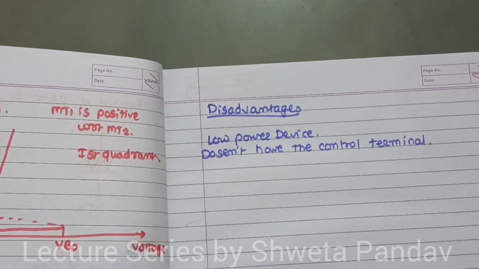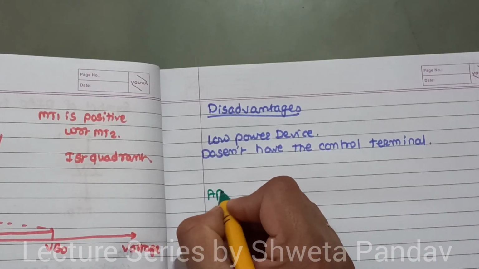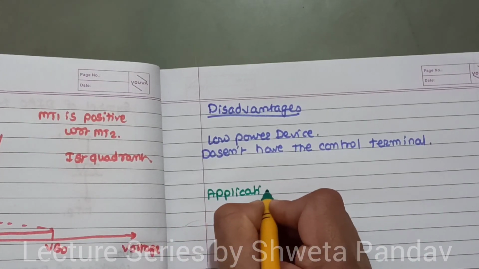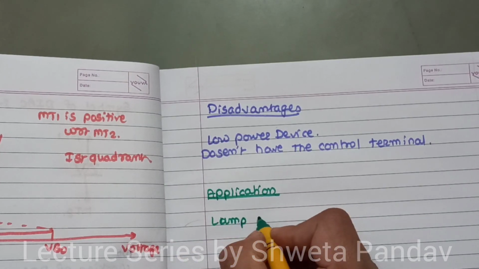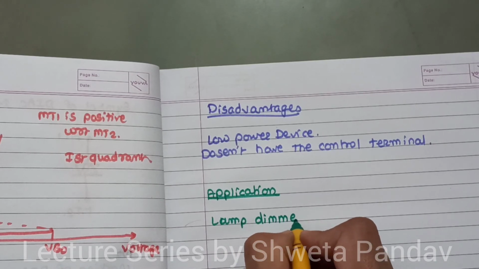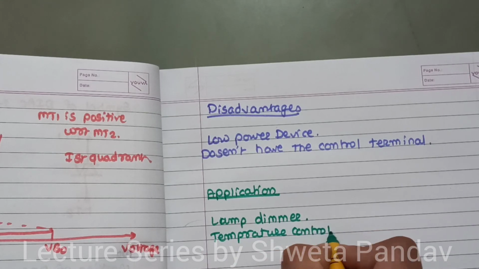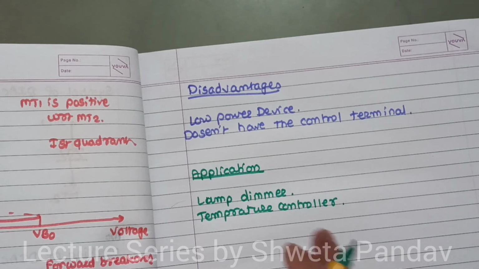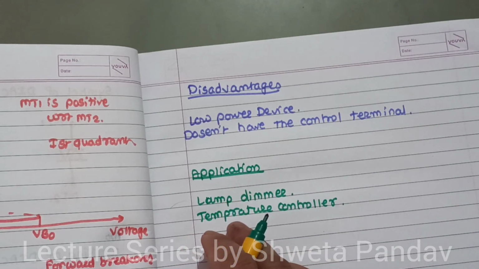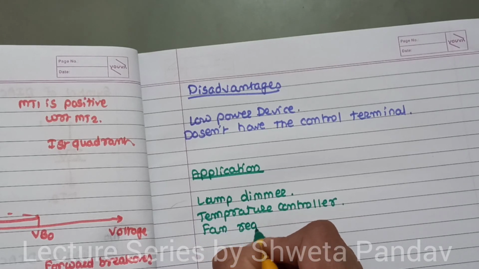These are some of the disadvantages of DIAC. The last point is the application of DIAC. It is used in lamp dimmers, temperature controllers, and fan regulators. All these applications we will see in the last few lectures of the power electronics lecture series.